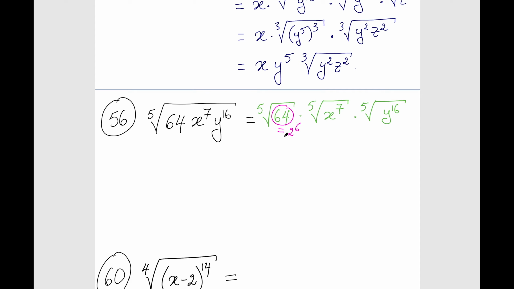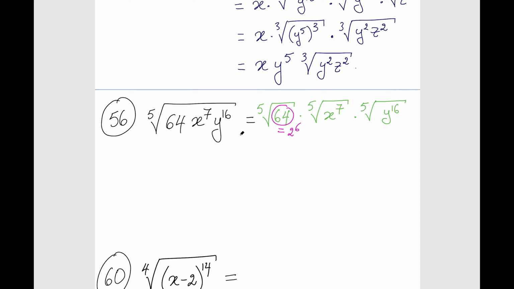So as such, I'm going to be able to simplify this first radicand, because there is a divisor of 2 to power 6 that's a perfect fifth power, which is 2 to power 5, right? 2 to power 5 is a divisor of 2 to power 6. And this one too. 7 is bigger than 5. This means there exists a divisor of x to the power 7 other than 1 which is a perfect fifth power, namely x to the power 5. And this one as well, right?